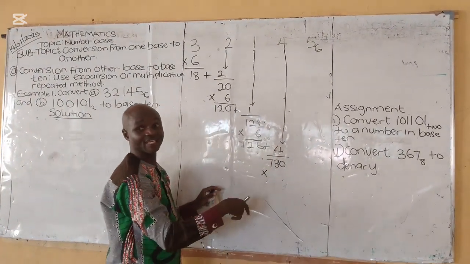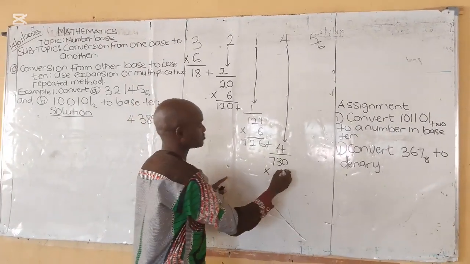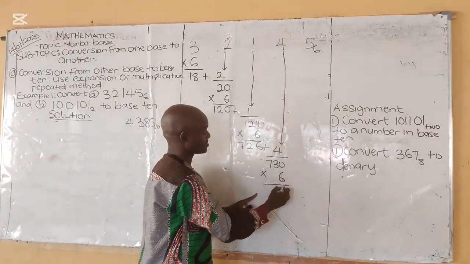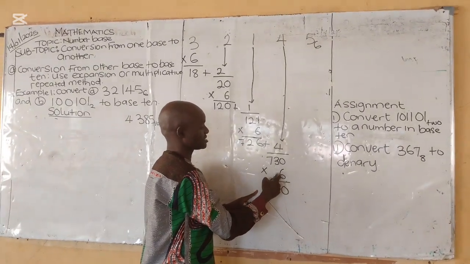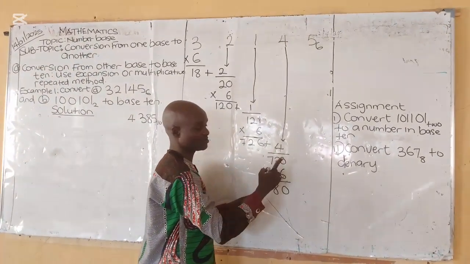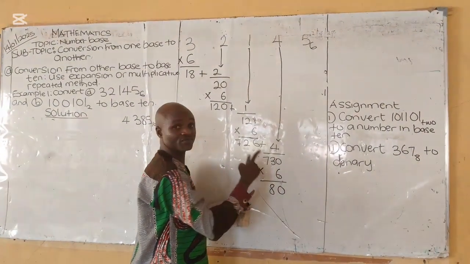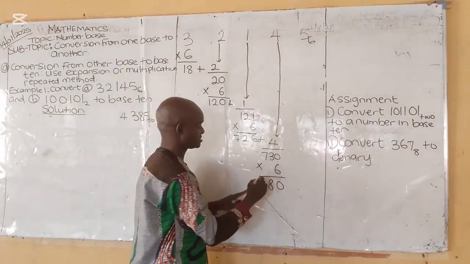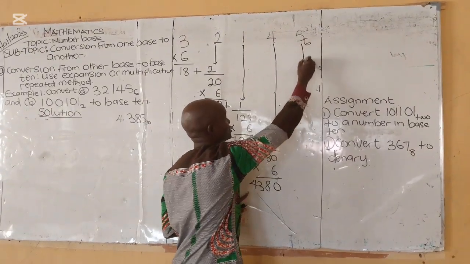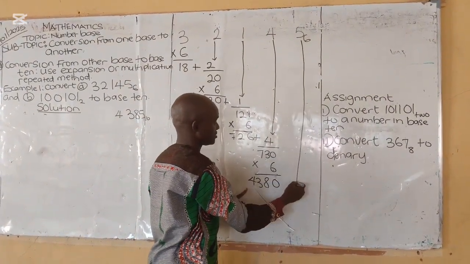You multiply it by the base, which is 6. And that is 6 times 0 is going to give you 0. 6 times 3 is going to give you 18. Write down 8, carry 1. 6 times 7 is 42 plus 1, you have 43. Then you bring the last digit down, just like the way you have done.